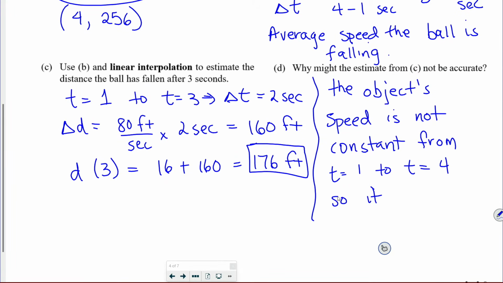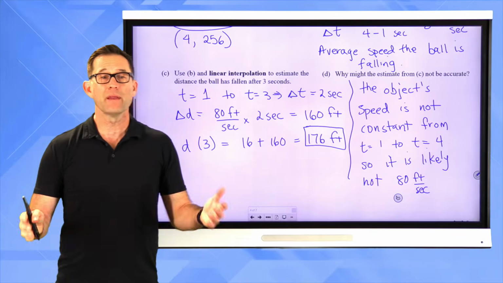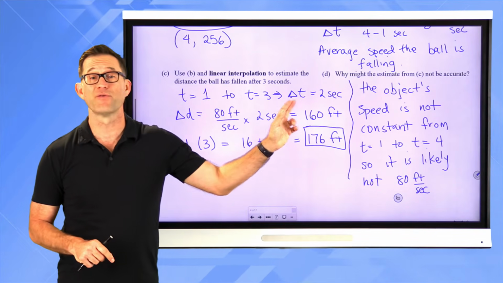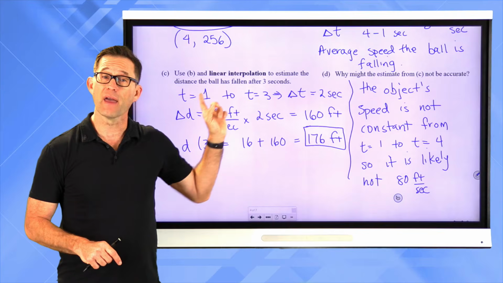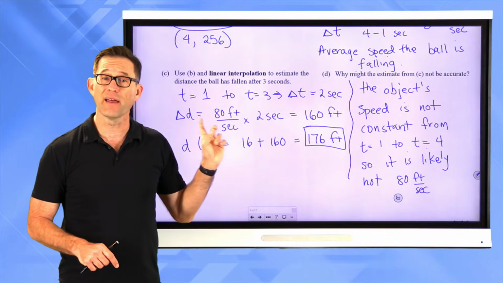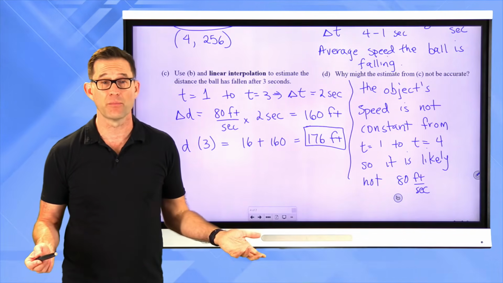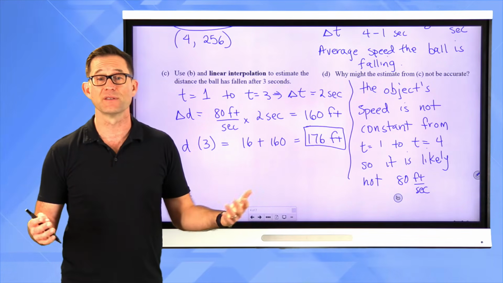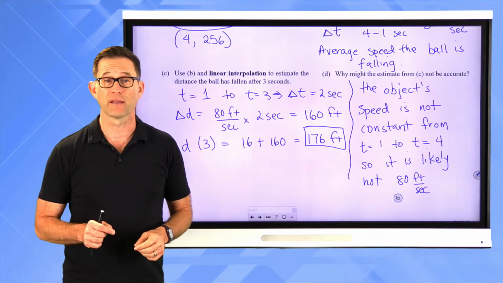So it is likely not 80 feet per second, right? Plain fact is the ball is speeding up. It's actually probably going faster from 3 to 4 seconds, right? And actually the average speed from 1 to 3 seconds is likely going to be less than 80 feet per second. So that is probably an overestimate of what the actual distance fallen is after 3 seconds.